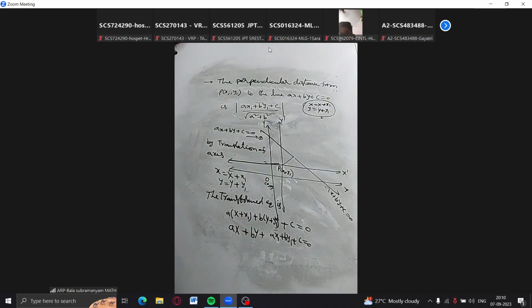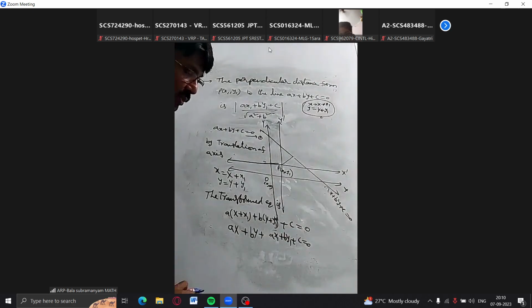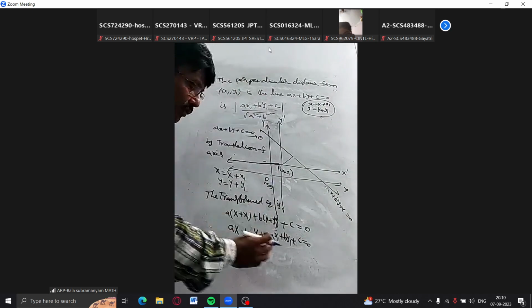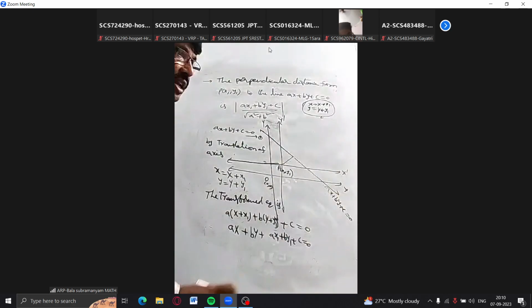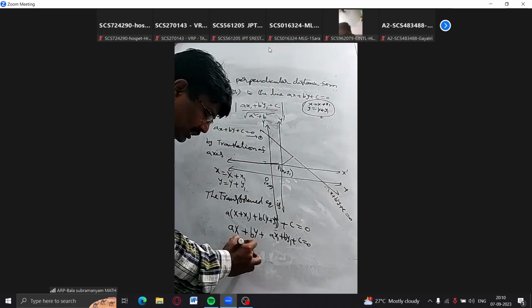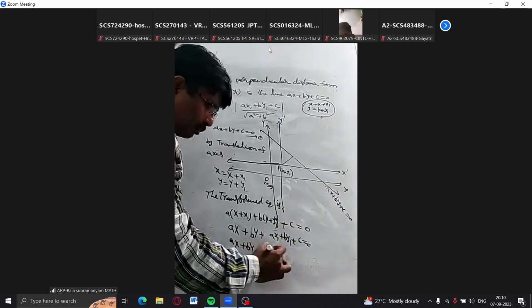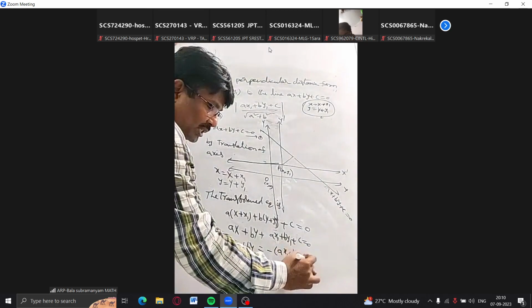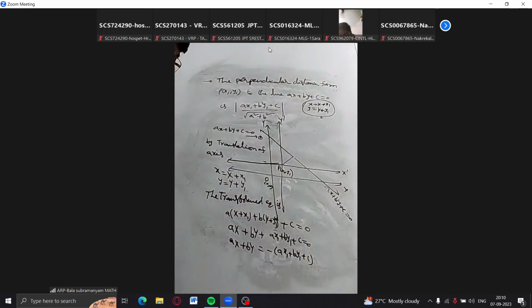Now convert it into normal form. For that, first take the constant to the right side: aX + bY = -(ax1 + by1 + c).